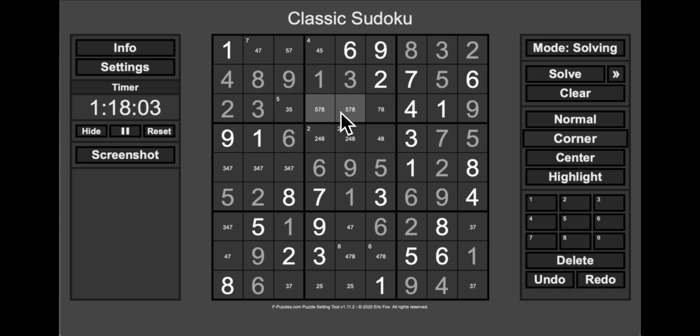Let's see, 5, 7, 8, I think is down here. That now forced to be a 4?